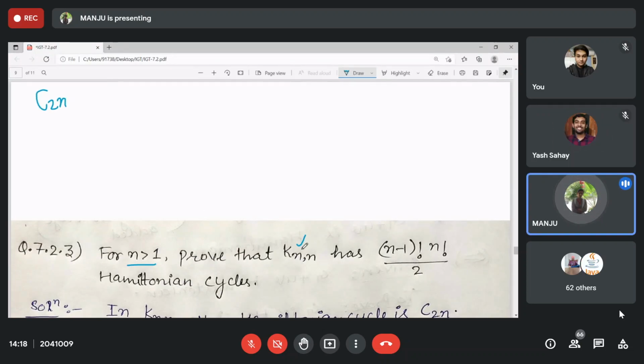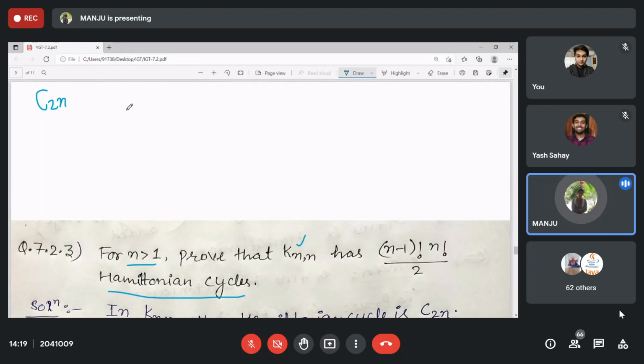Now we want to count how many C2N exist in this one. Prove that KNN, complete bipartite graph of order 2n, has (n minus 1) factorial times n factorial divided by 2 Hamiltonian cycles.